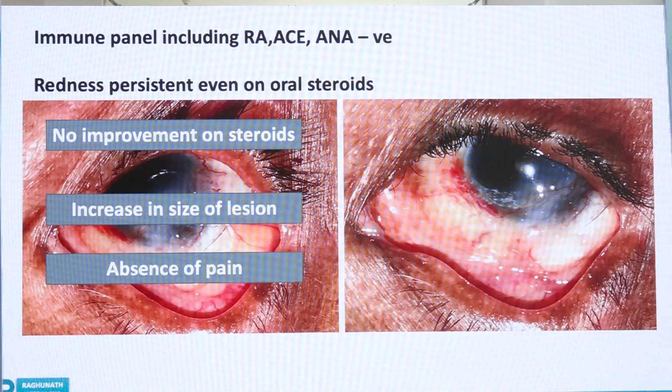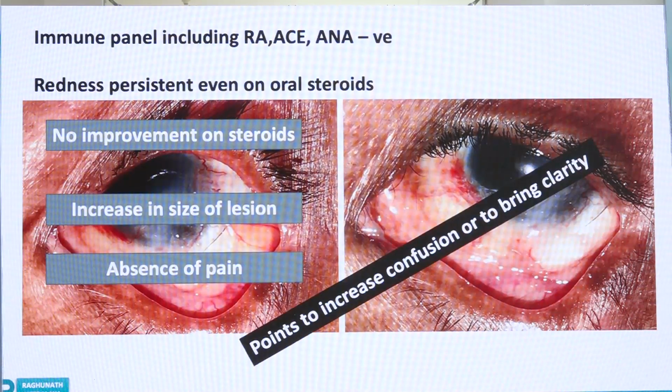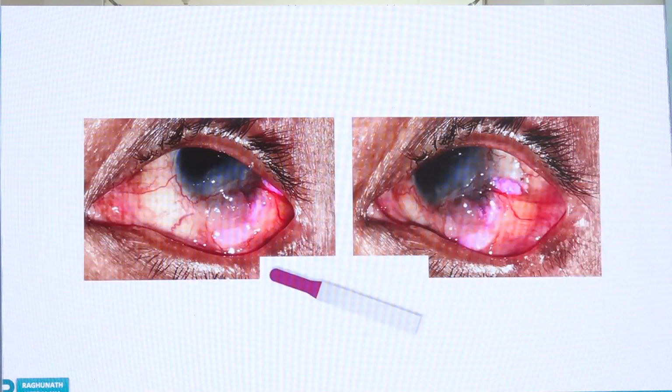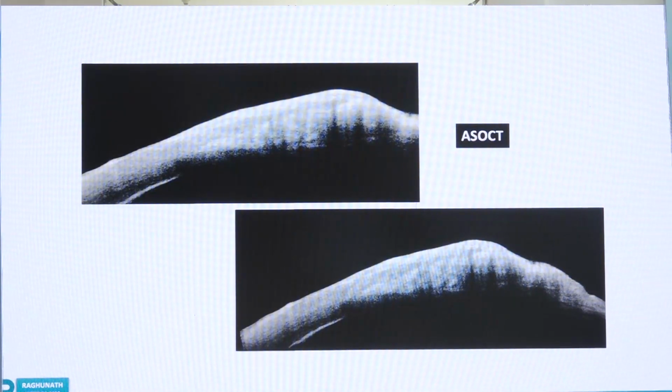You see any kind of ocular surface lesion, again not fitting into a common diagnosis which has been made by your previous colleague. A very simple thing that you do in your OPD is please do stain the lesion. Again, this is a masquerade, the way OSSN can present. The other most important tool everyone has in their OPD is doing an ASOCT whenever you are in doubt of a diagnosis of OSSN, before you go ahead with the biopsy.